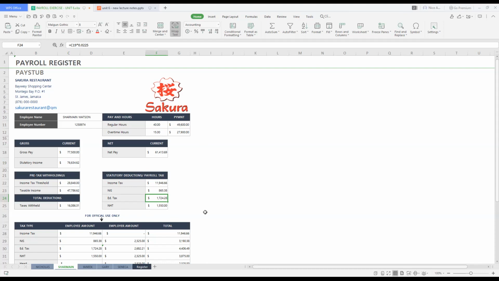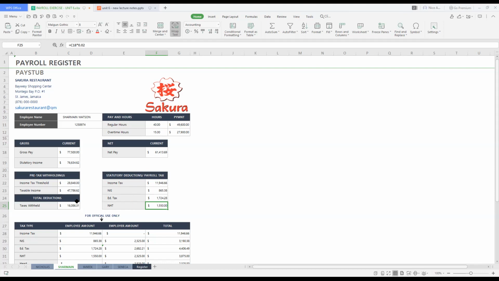Then we're going to find NHT, and NHT is 2% of the gross pay. So it's just 2% of that 77,500, right? Then we're going to find PAYE. We do the same thing again.